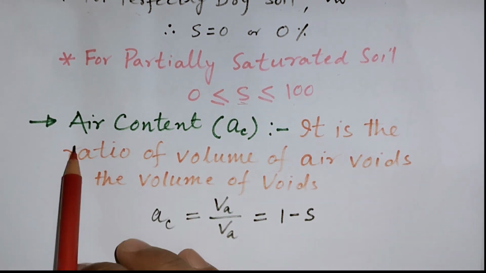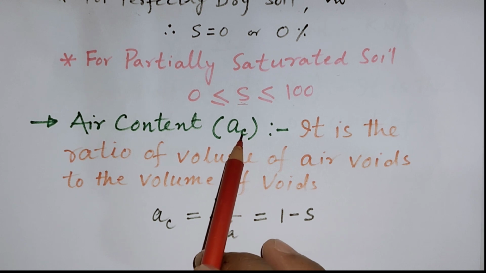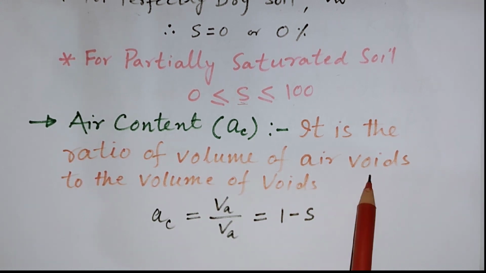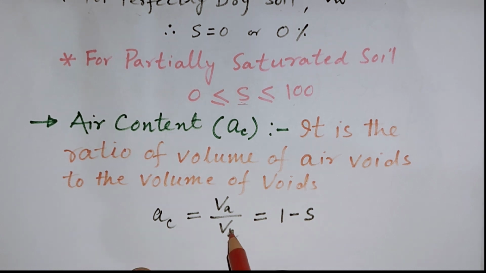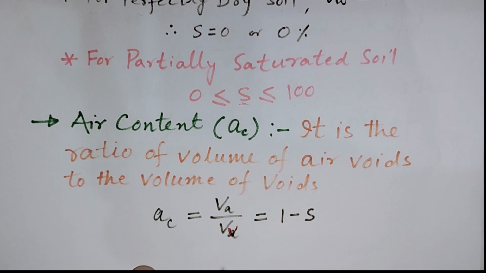Another definition is air content. Symbol is AC. It is the ratio of volume of air voids to the volume of voids. AC is equal to Va divided by Vv, volume of voids.